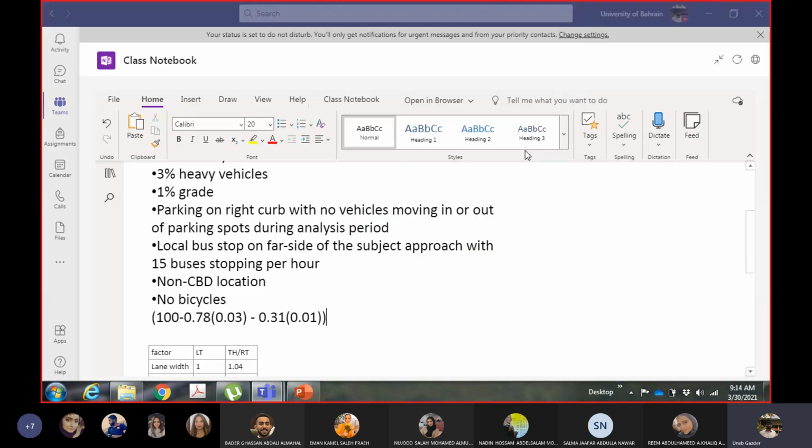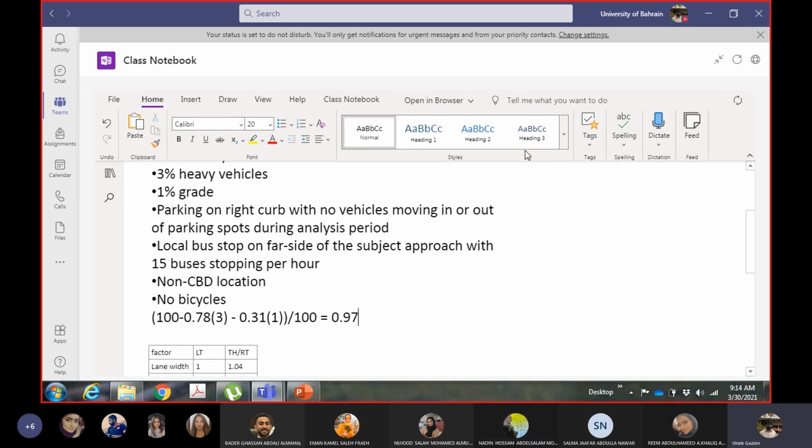I think we should put these values as fractions because they are dividing by 100. Okay, how much do you get? 0.974.